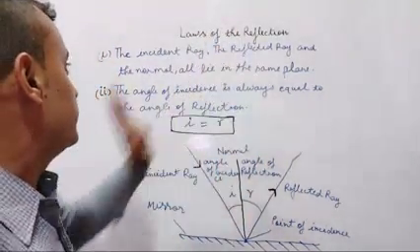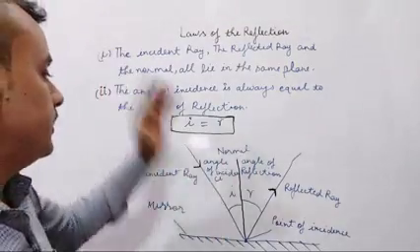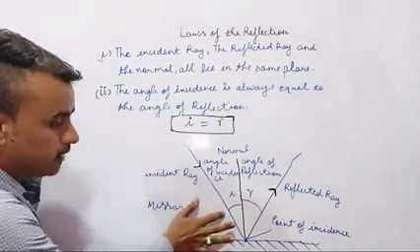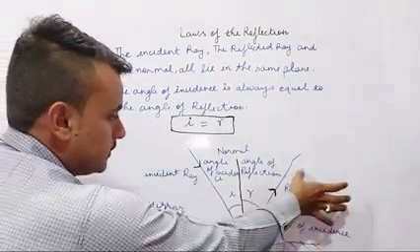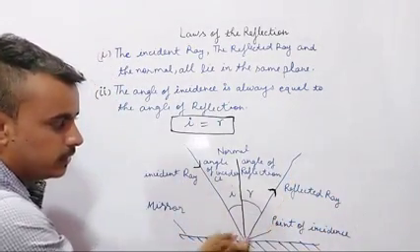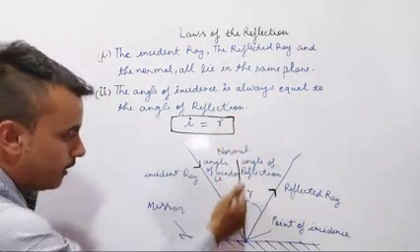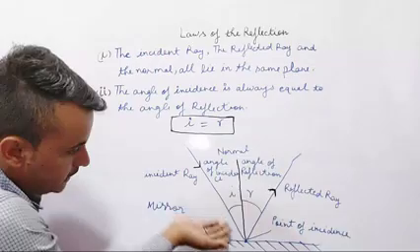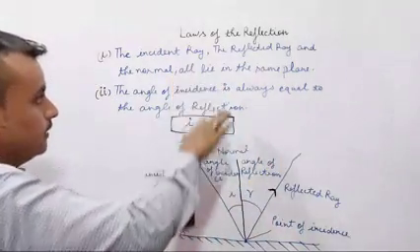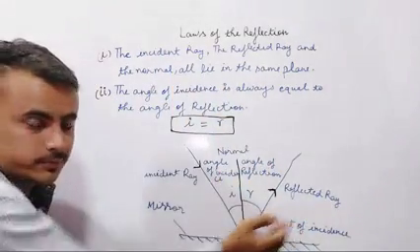The first law of reflection is that the incident ray, reflected ray and the normal all lie in the same plane.